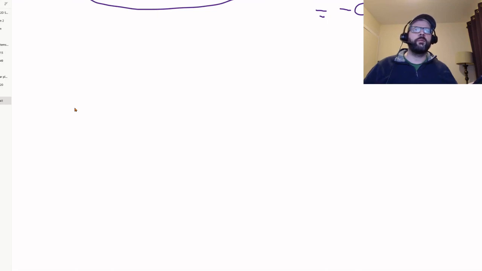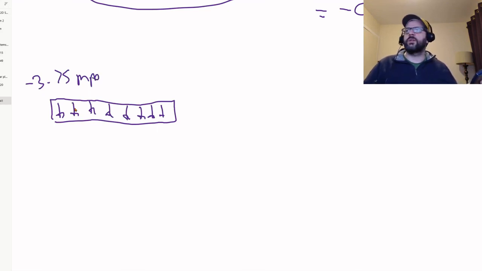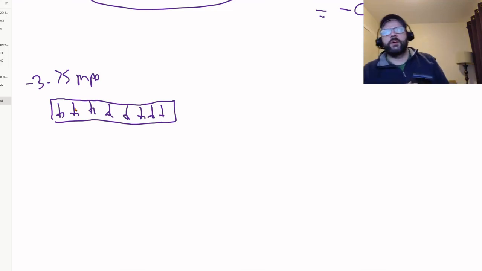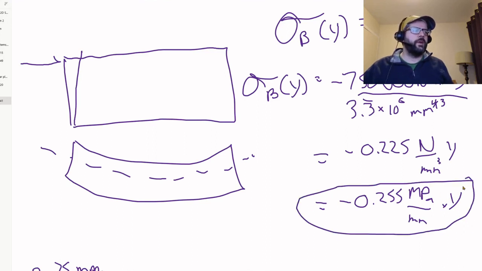We have our compressive stress from the axial load, again uniformly distributed, negative 3.75 megapascals. And then we're going to get this bending stress, which varies based upon the distance from the neutral axis, based upon this formula right here.